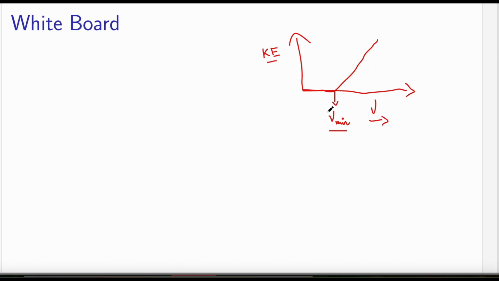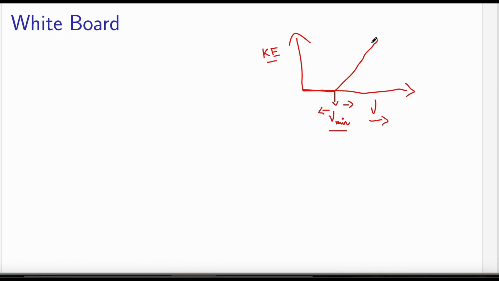If it is less than nu min, then there will be no electrons emerging from the metal surface, and so no photoelectric effect. But if it's greater than nu min, then you can see the kinetic energy of the electron starts increasing.